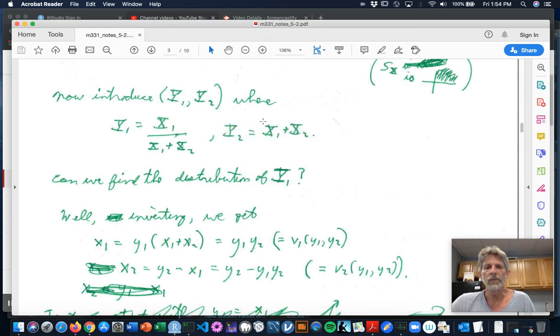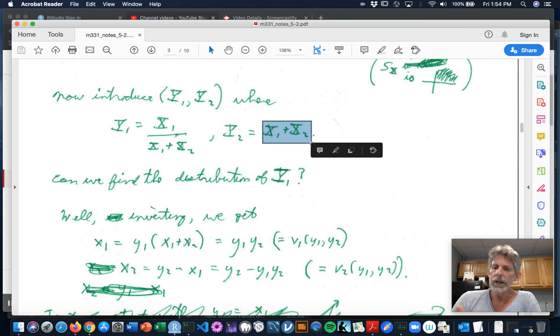It's the sum of these 2 independent gammas, gamma alpha, gamma beta, both with the theta parameter. And remember, we're very suspicious, based on some intuitive arguments we made earlier, that it ought to be a gamma random variable. It would be like the waiting time for alpha plus beta events.